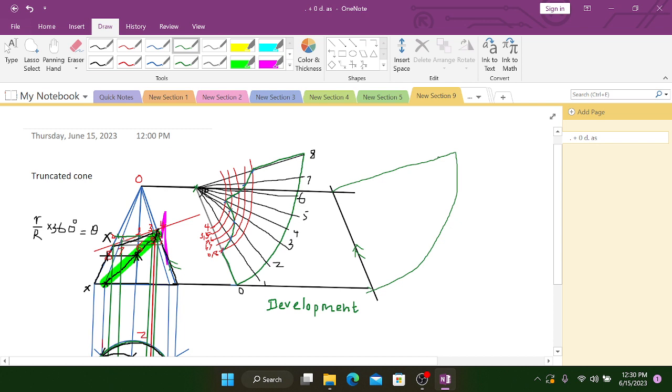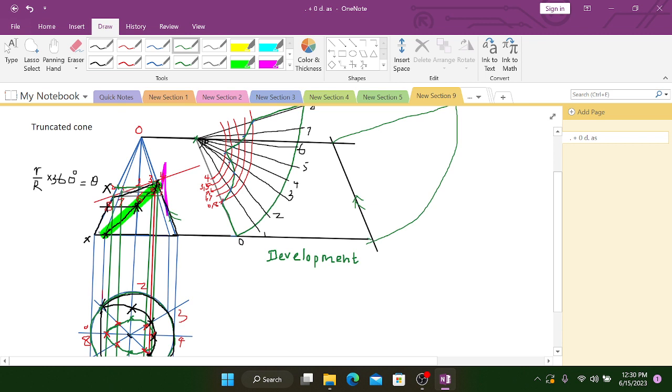development view. Then I know there is no part here now, so there will be a gap in this area.